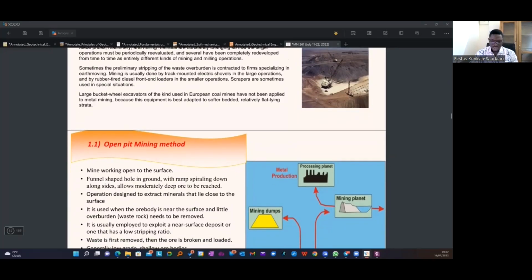Then sometimes the preliminary stripping of waste overburden is contracted to firms specializing in earth moving. Yes, I know of Ben Wise. Ben Wise is into some of these surface mine soft contracts, where if you want someone to manage your reclamation for you, or sometimes if you want them to strip an overburden, you are thinking of going to a particular section to start operation, you can contract your surface material stripping, which you'll be using for your reclamation in the future.